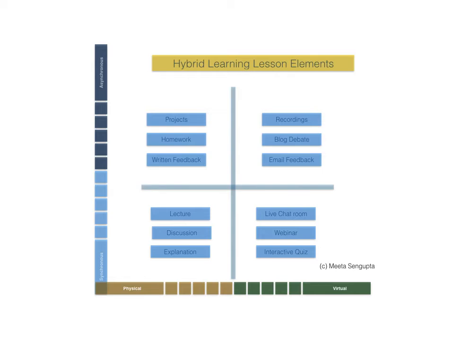But what works really well are recordings. You can set up an asynchronous blog debate where somebody sets off a trigger note and then the students comment on it. Or you can have email feedback loops set up where you discuss a certain issue or a project, giving feedback to each other. That doesn't happen at the same time.